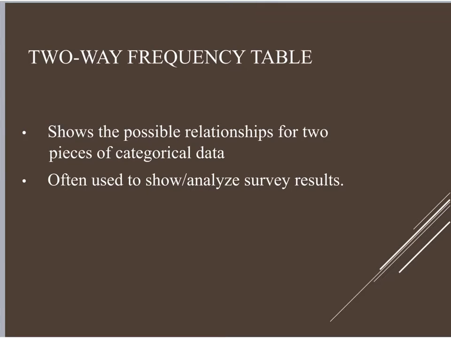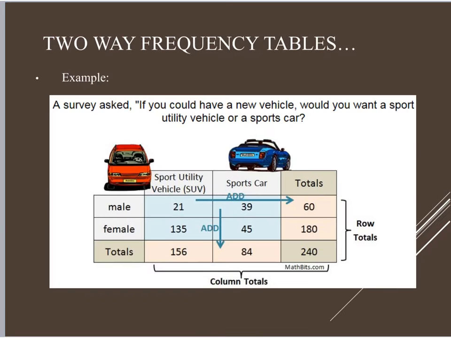For right now, though, since we're talking about frequency tables, we also have something called a two-way frequency table. Now, a two-way frequency table shows the possible relationships for two pieces of data that are kind of similar. A lot of times it's used to show survey results. So this here is an example of a two-way frequency table.